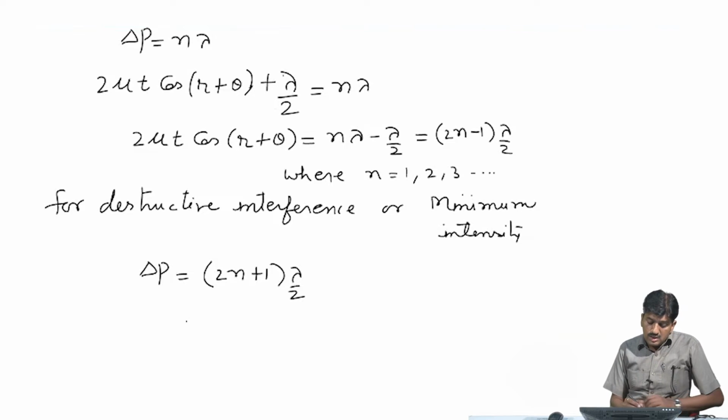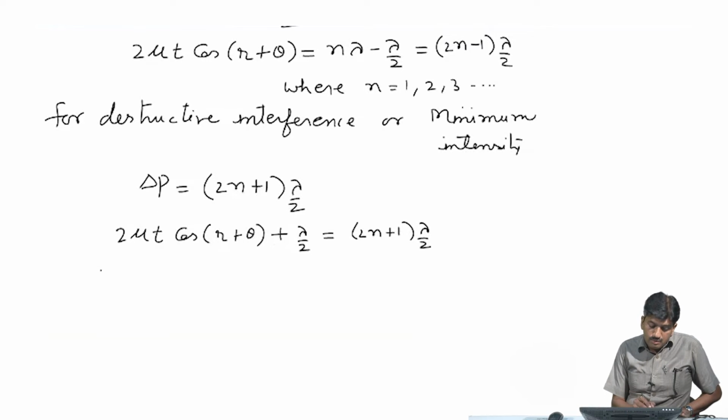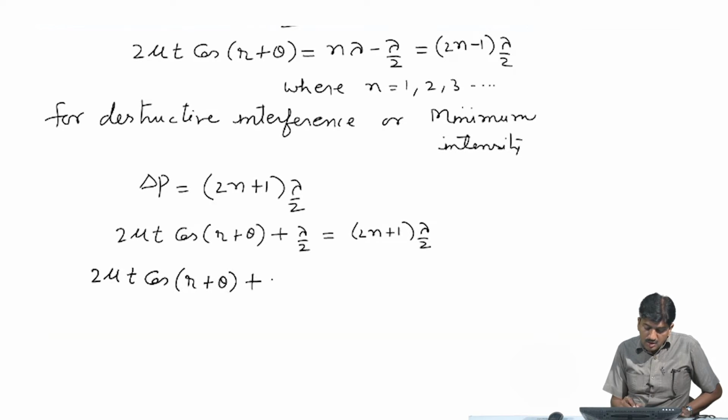Now we can write delta p is 2 mu t cos(r plus theta) plus lambda by 2 equal to twice (n plus 1) lambda by 2, or we can write it equal to 2n into lambda by 2, n lambda plus lambda by 2.